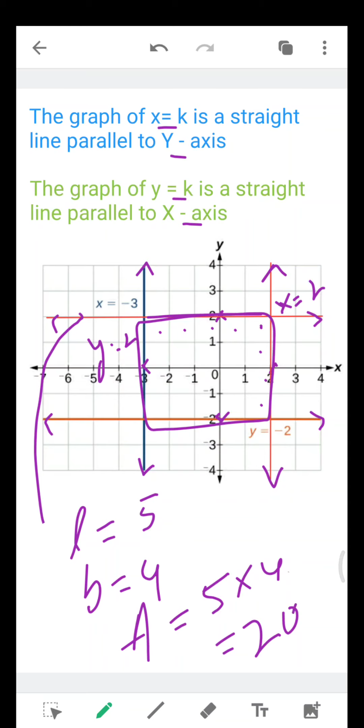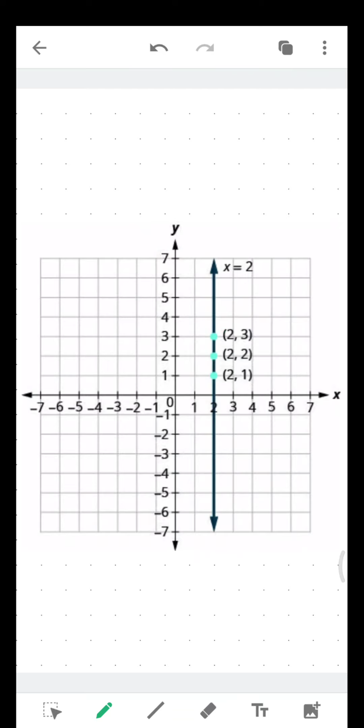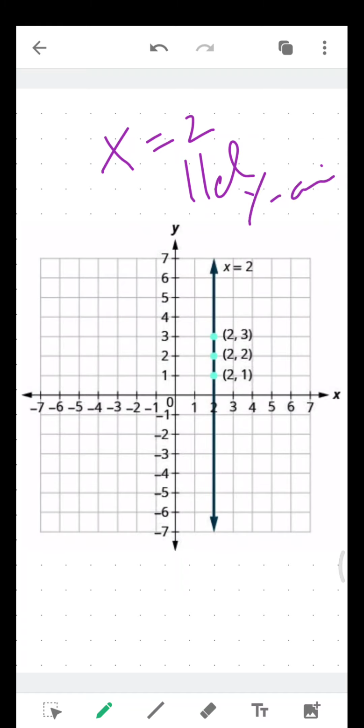Now let's see some more examples before we go to the exercise. Now you can see this is the graph of x is equal to 2. That is the reason it is parallel to, this is parallel to what? Parallel to y axis. You can see every point on this line, the x coordinate is 2.